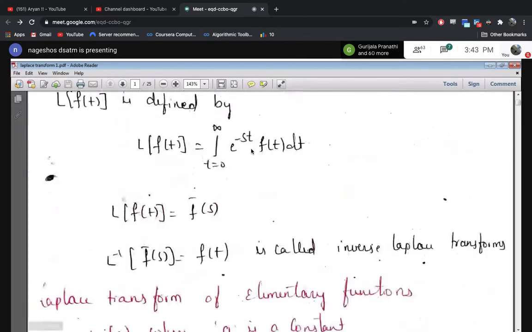These notes I need to send, right? Wait, I will send through WhatsApp.